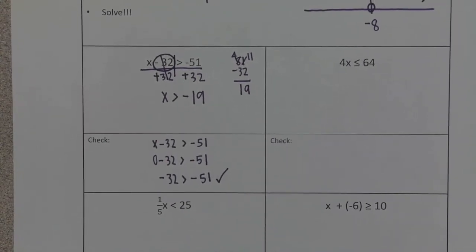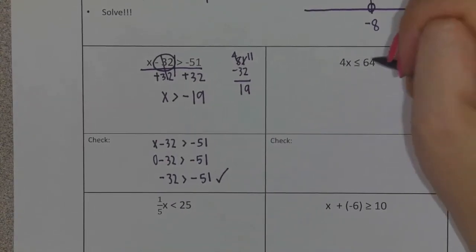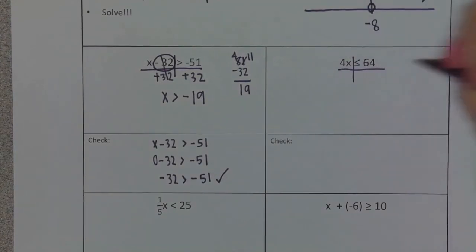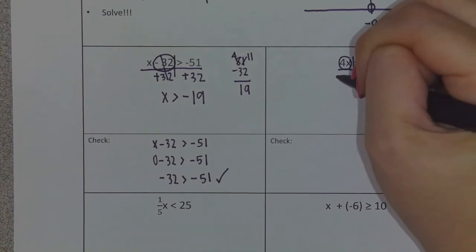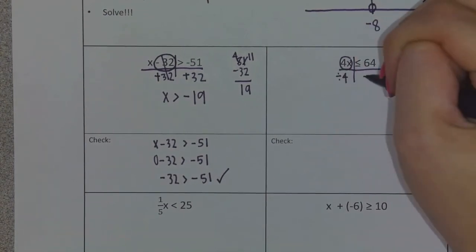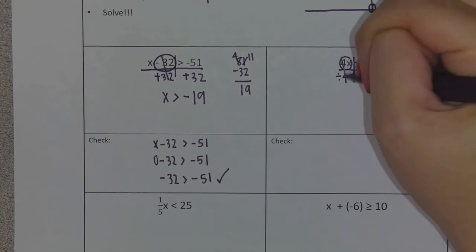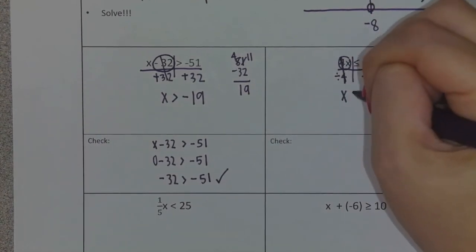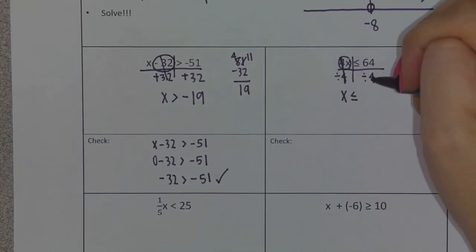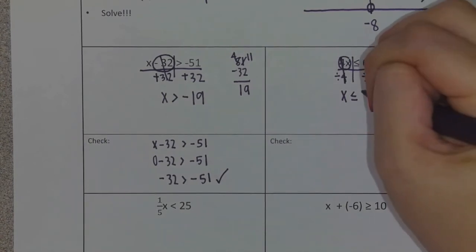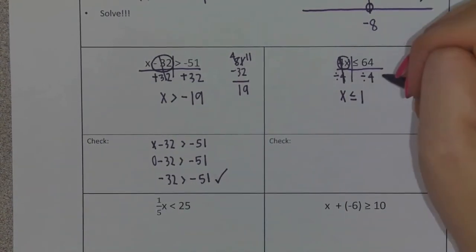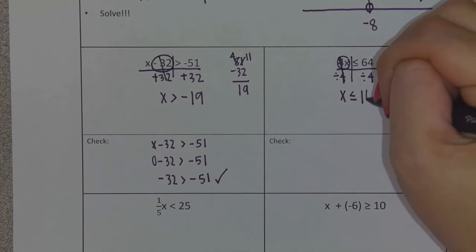Let's do another one. This one says 4x is less than or equal to 64. So I'm going to build my t-chart. What's bothering the x is that times 4. So the opposite of multiplying by 4 would be dividing by 4. My 4s cancel out, so I have x is less than or equal to 64 divided by 4. 4 will go into 6 one time, and I get 24 left over, and 4 will go into 24 six times.